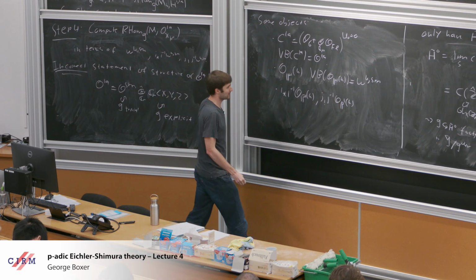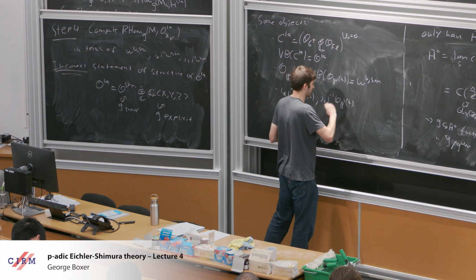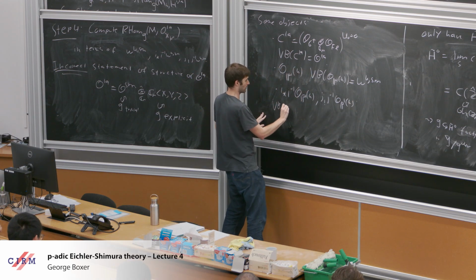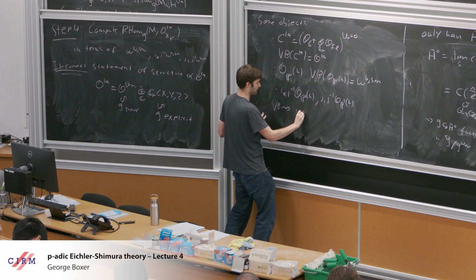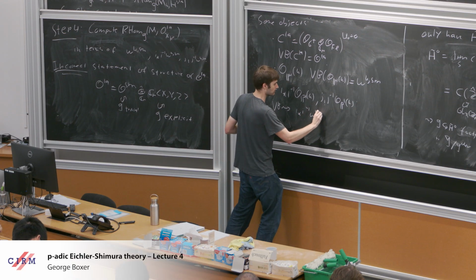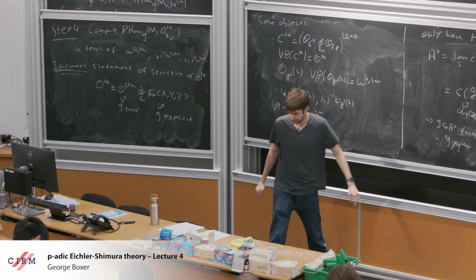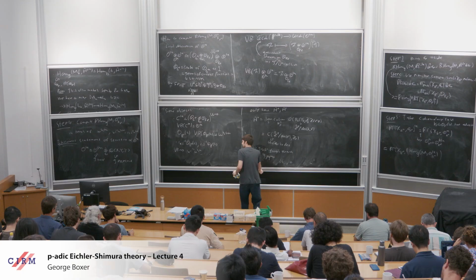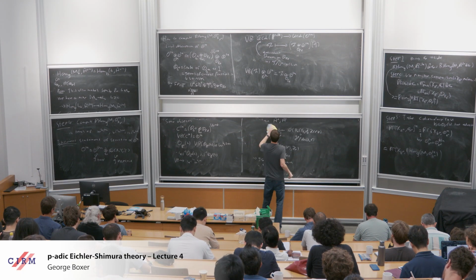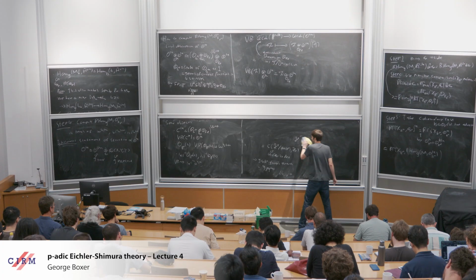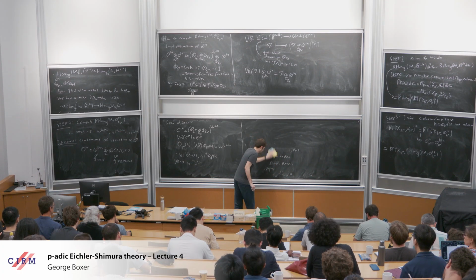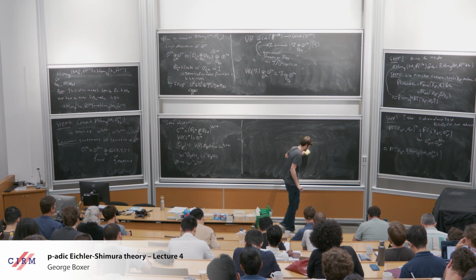And so these ones basically map to the corresponding things. Okay? So those are some examples. And we need one more example. And then I'll basically state all the theorems.